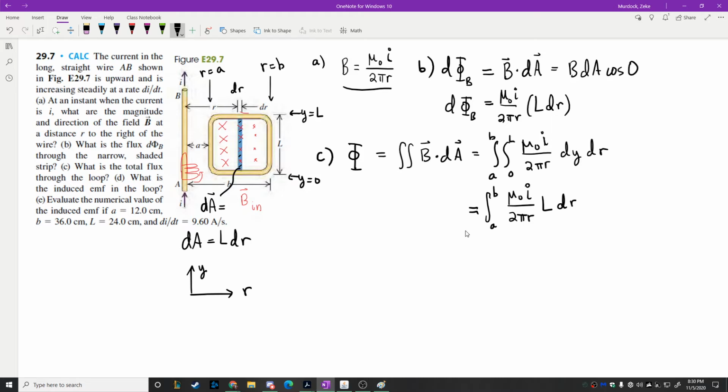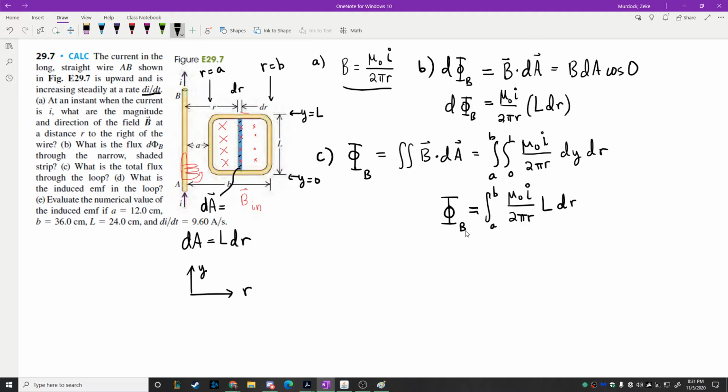All right. So that's our flux. This is, after all, magnetic flux. I should put a phi B right here. And now we just need to do this integral, right? Something to keep in mind in this problem is that I is changing in time, but it's not changing in space, right? So I is a function of time.